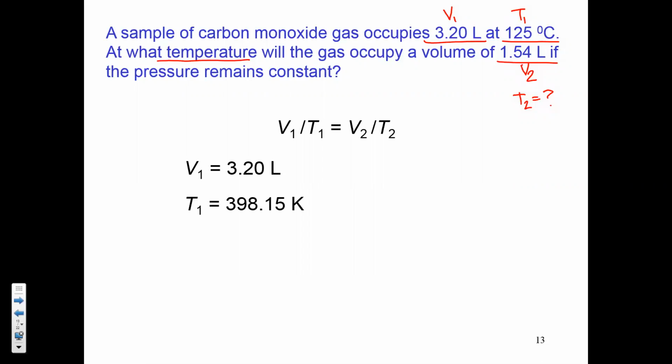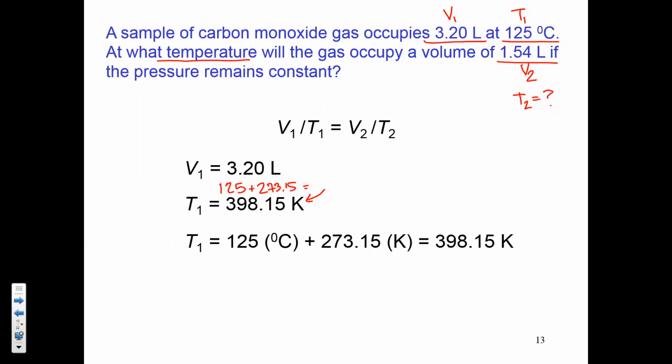Because for T1 we had to take Celsius, which was 125, and add 273.15 to get our Kelvin. Then we also have our V2, which is 1.54 liters. And we don't know our T2. Okay, a big question mark.